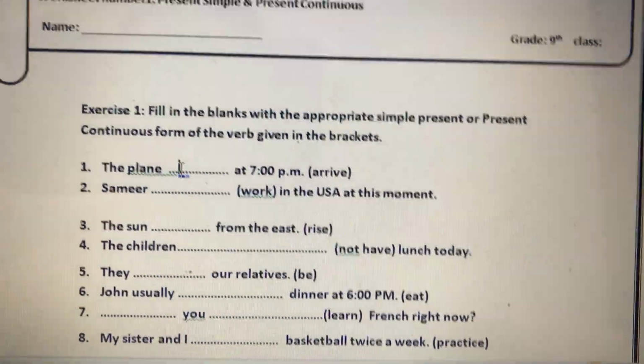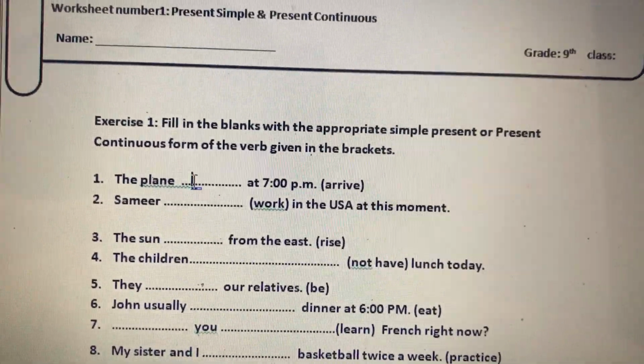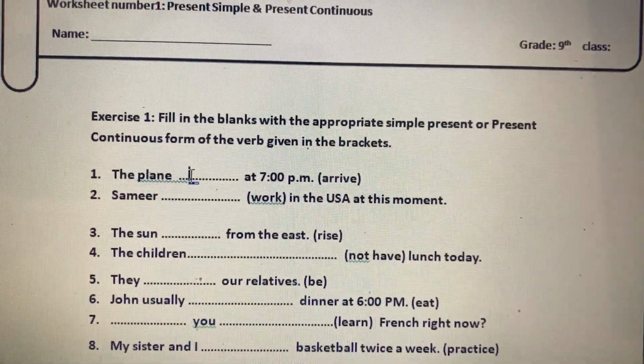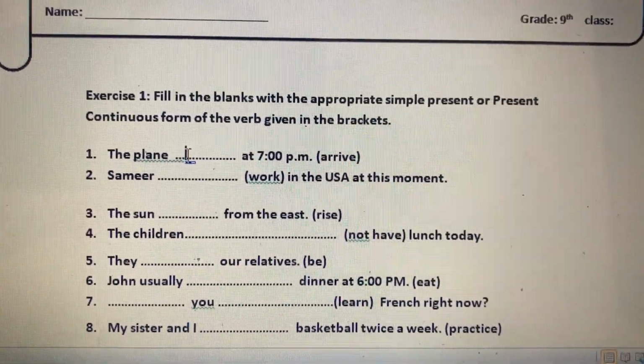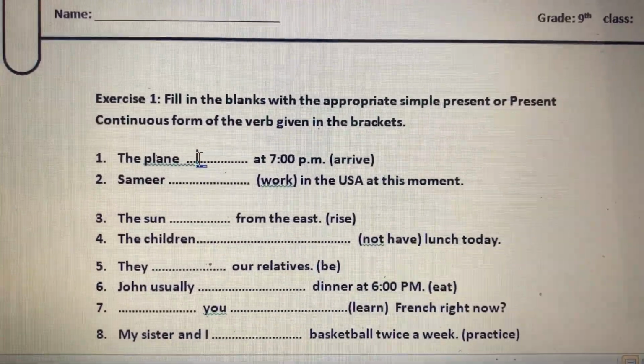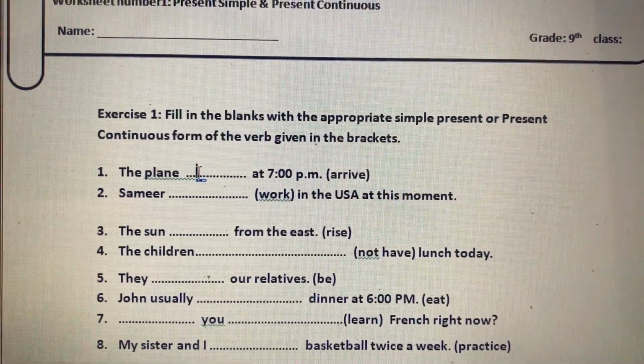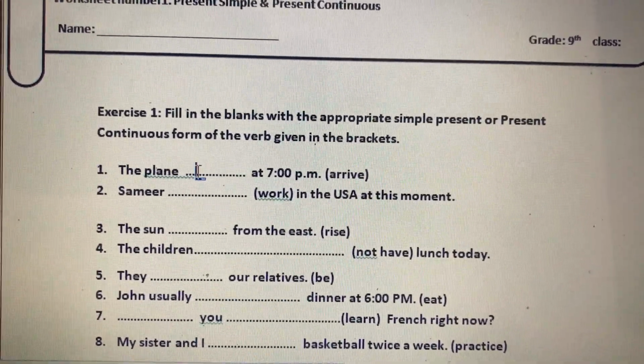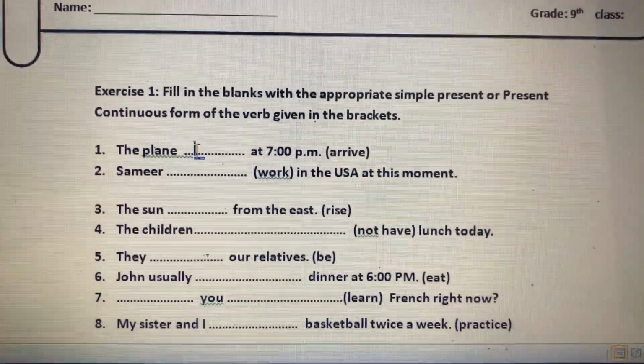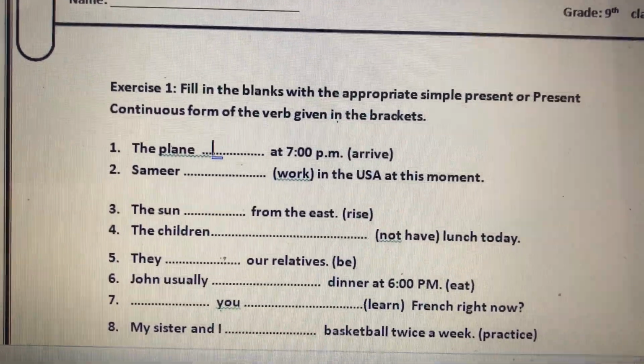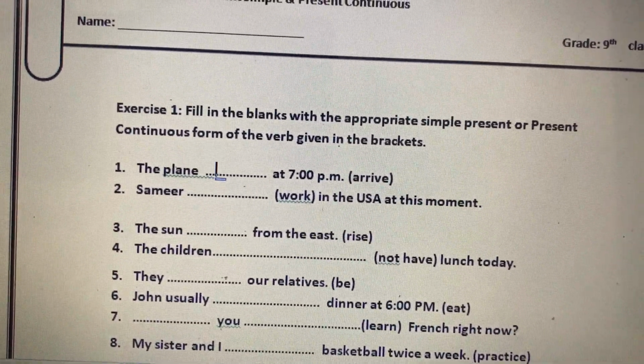So here, look at the sentence. We have the keyword at 7 p.m. So we have a specific time. So the function is time-tabled event, specific time. And this function is regarding the simple present.